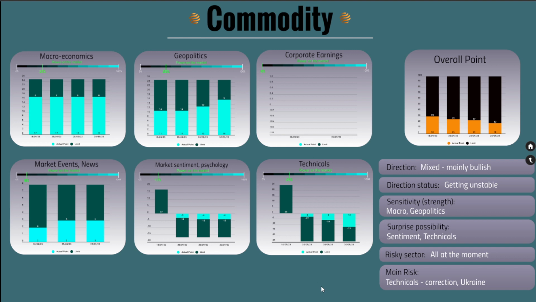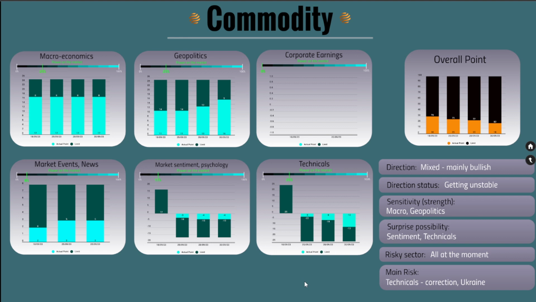So the sensitivity of the market is coming from the macroeconomic area and the geopolitical side, but the surprise can come from sentiment and technicals, because they have huge power, but it's not used fully just yet. So I think we can get some surprise movement as a reaction from these segments.